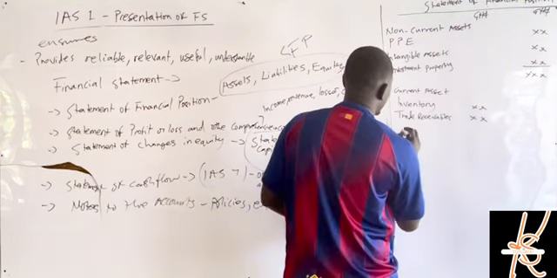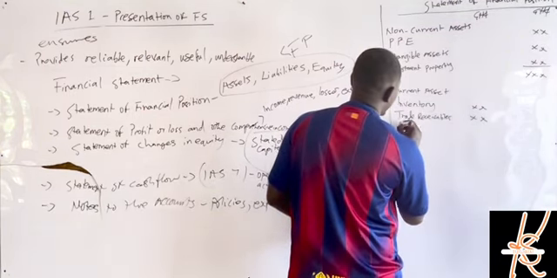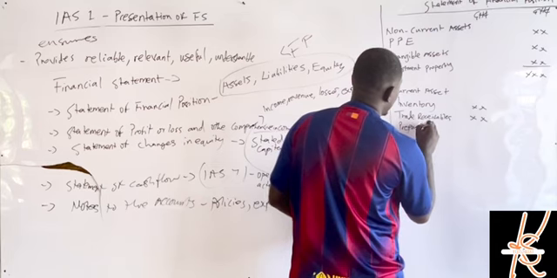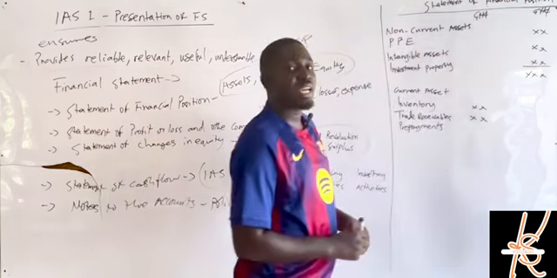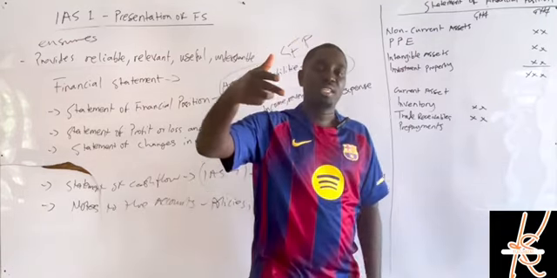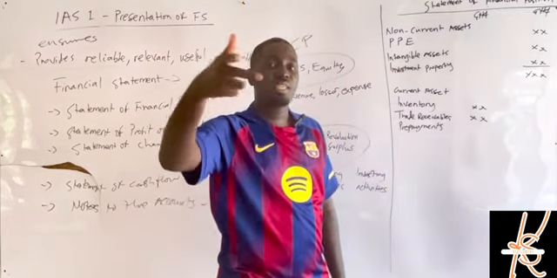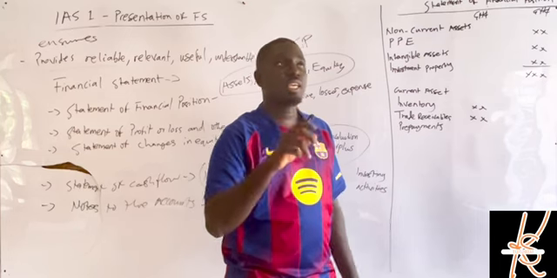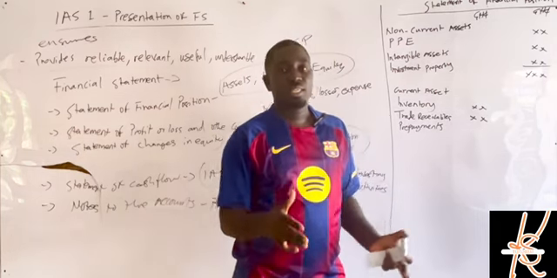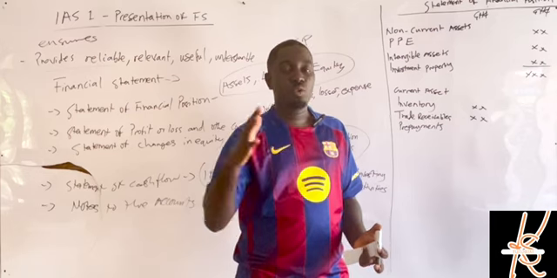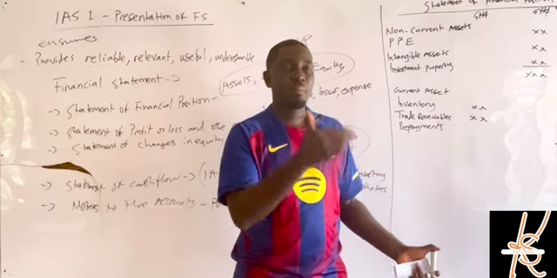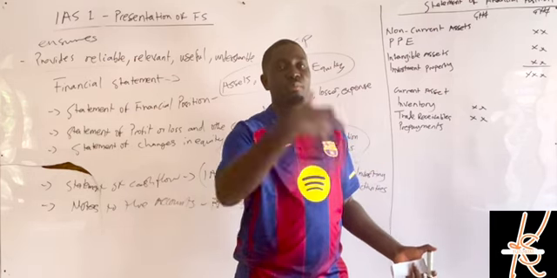We have our prepayments. You have expenses that you paid in advance. It's an asset to you because, let's say you have electricity, and instead of paying for the particular year, you paid 3 months in advance.